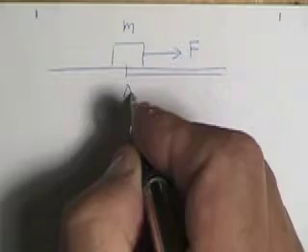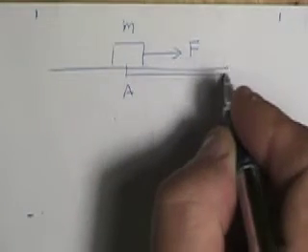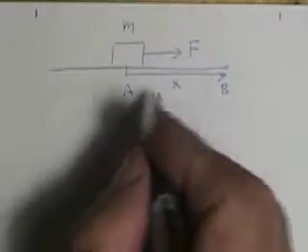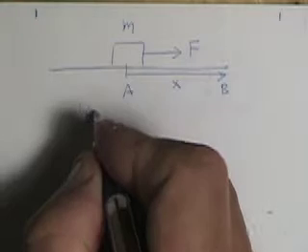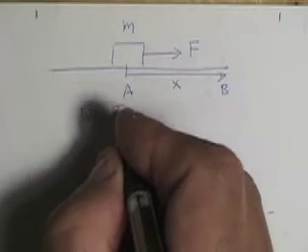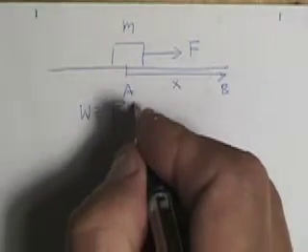Let's say the block moves from point A to point B, and the distance we just call x. So the work done on the block is W, which is equal to the force that acts on the block dot the distance.